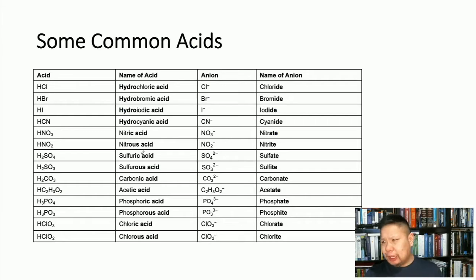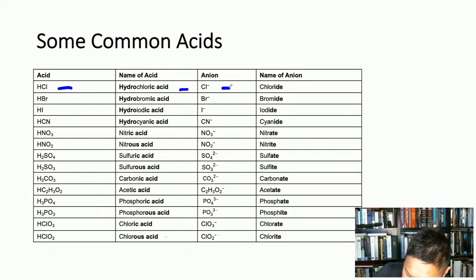So here's a list of some common acids. You can see the very first one was the example we used, which is hydrochloric acid, HCl. Its anion was the singular chloride ion, so that's why we call it hydrochloric acid. Notice that all of these are singular anions, and they all have hydro in the front.